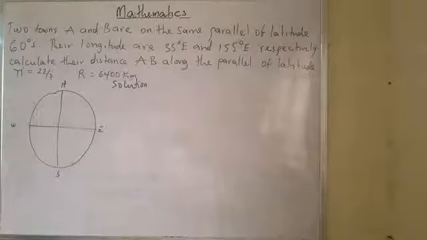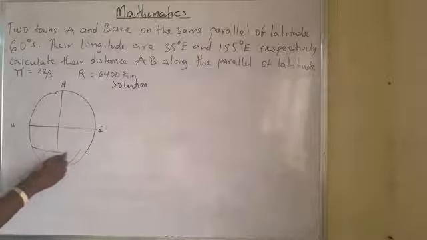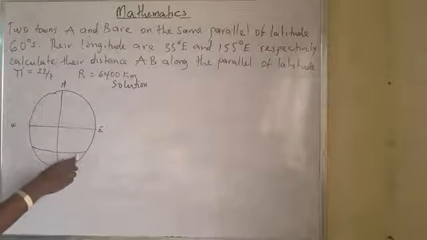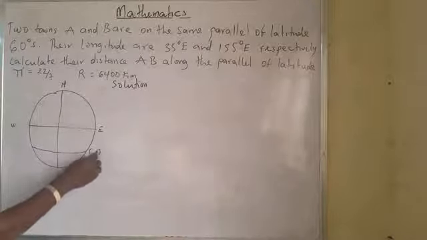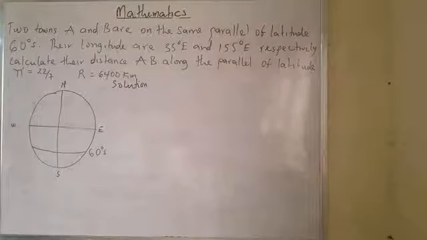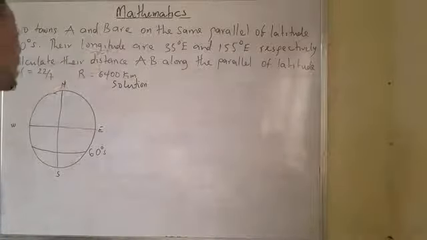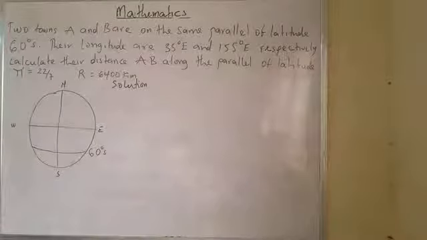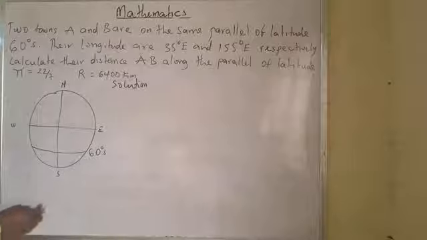Now, the question says the first thing is 60 south. 60 south. And this is going to be 60 south. And the next one says, okay, and their longitudes are 35 east and 155 east.